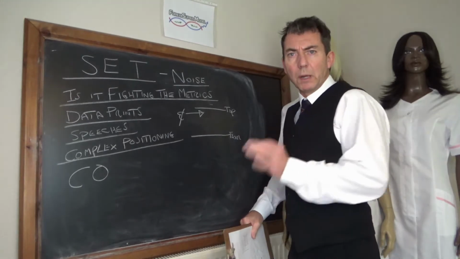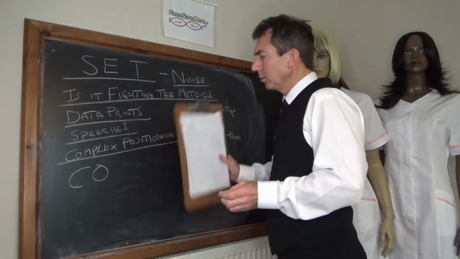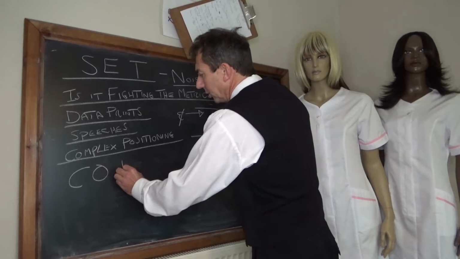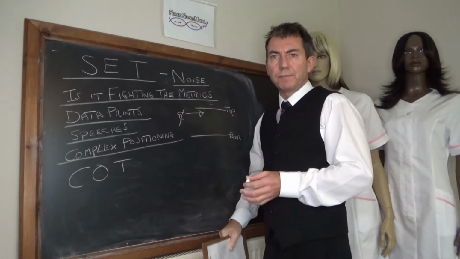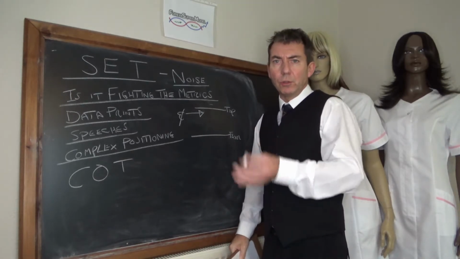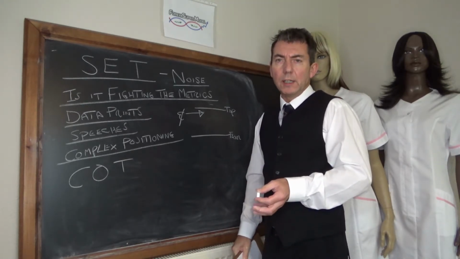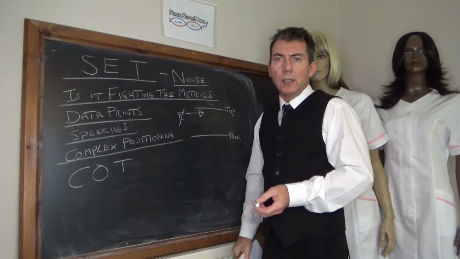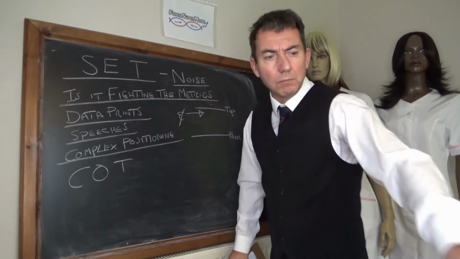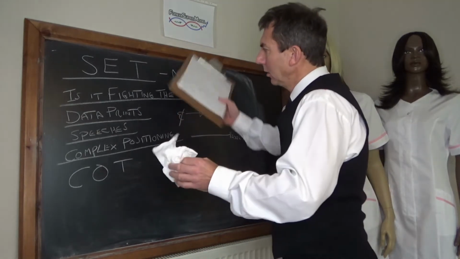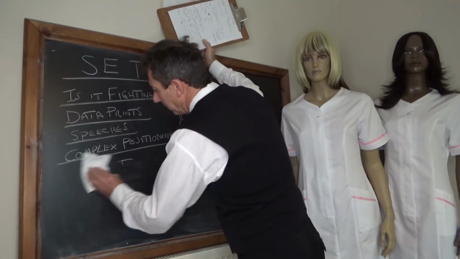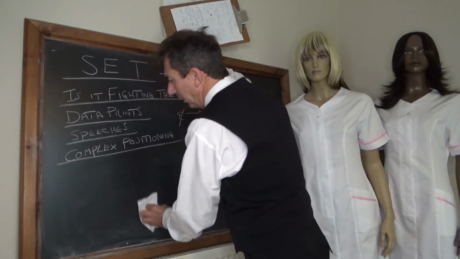A lot of traders pay attention to the COT, which is the Commitment of Traders report, and this gives positional data, but it's quite lagged and quite out of date, and we really don't pay any attention to the COT. So I think I'll rub it out to try and show that we don't pay any attention.